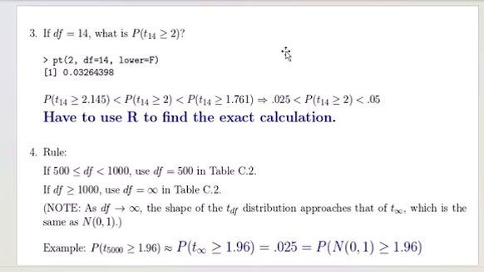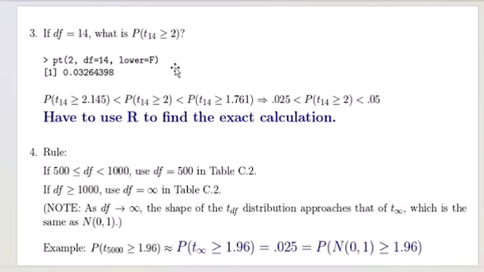If I want to get a t-score, it's qt. Does that make sense? Right now, I want to find a probability. If the degree of freedom is 14, what is the probability of t14 greater than or equal to 2? Because I want to find a probability, it's going to be pt in R. So pt, I put 2, df equal to 14, lower equal to F.